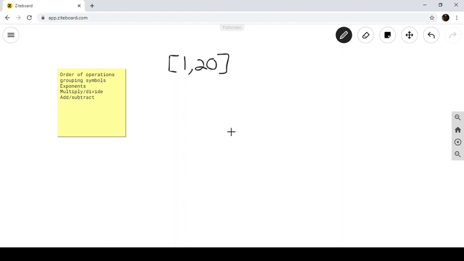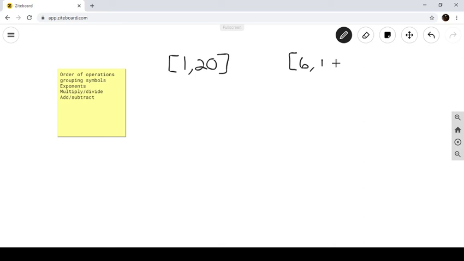So what I can do with this set is I can perform either a union or an intersection with another set. So let's say I have another set. I'll say it's 6 through 10.